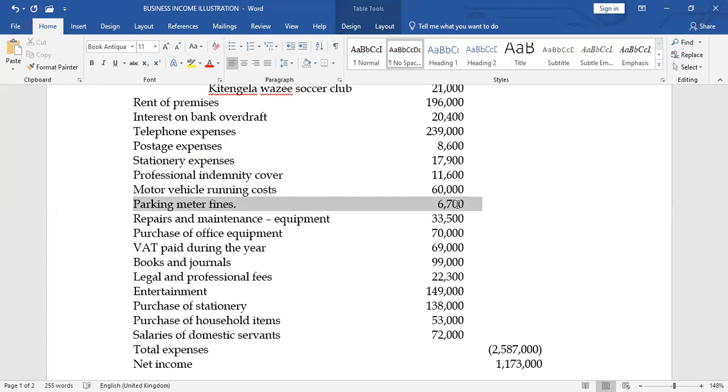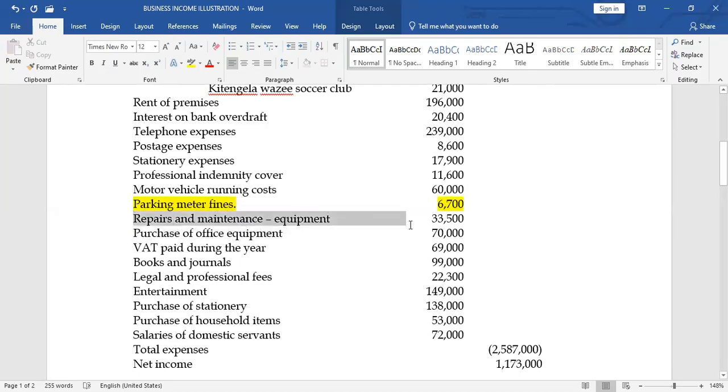Have I lost you? You have to take a calculator. 3 times 6? 18,000. Yeah. Parking meter fines. The moment we see the word fine, we know that that thing is not allowable. Repairs of equipment. What do you say?